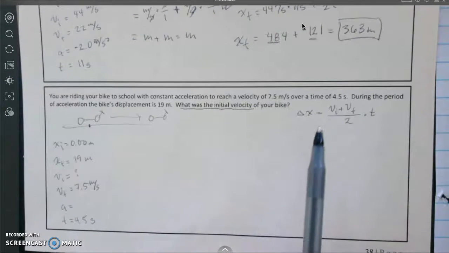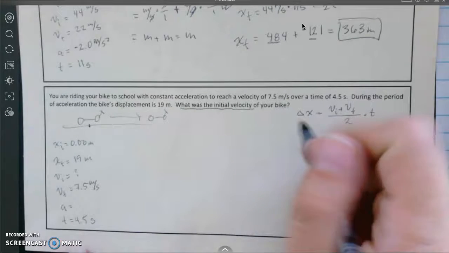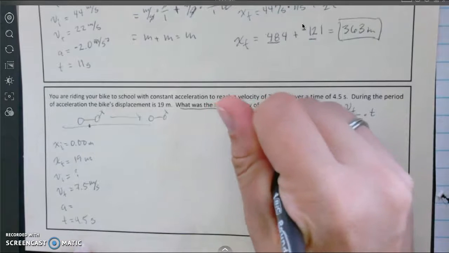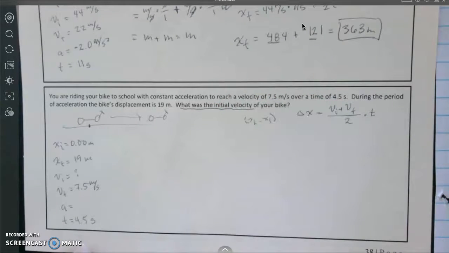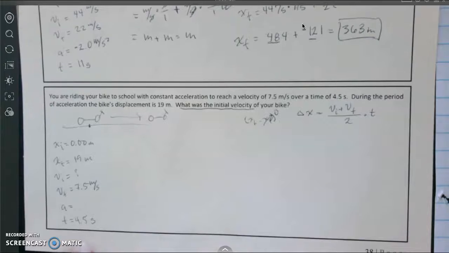So this delta x, which is that displacement, which just means final minus initial, is equal to velocity initial plus velocity final divided by 2 times t. Remember, this delta x is x final minus x initial, but x initial is 0, so we could just call it x final for now.